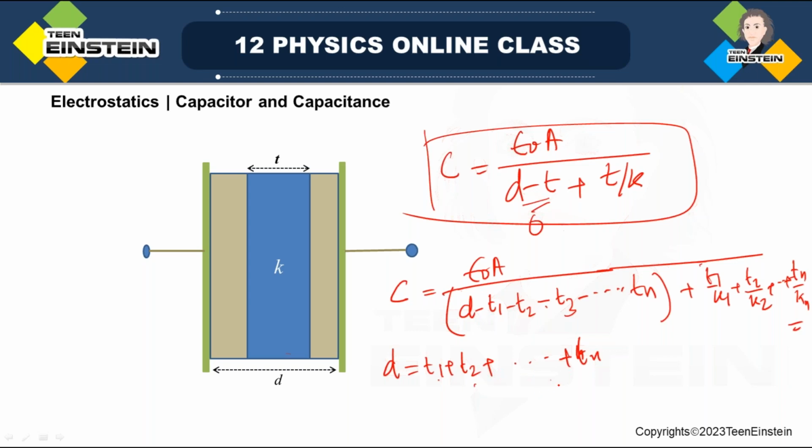So in that case, C will be epsilon 0 A divided by T1 by K1 plus T2 by K2, and so on. Like that, one should do it for n times.